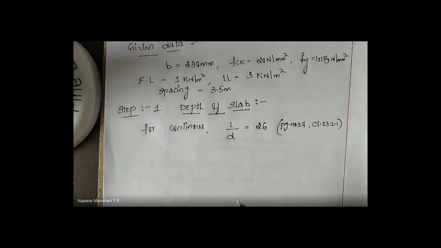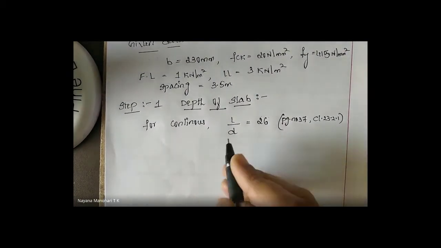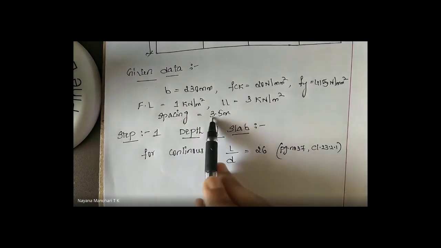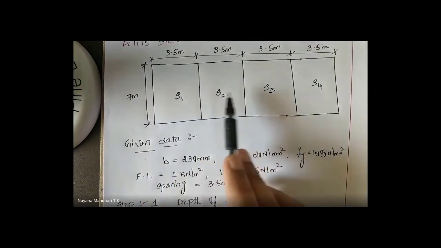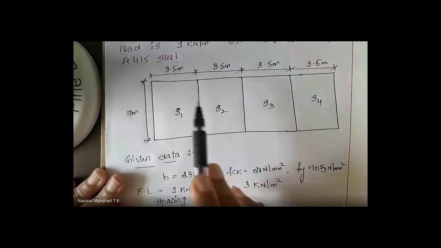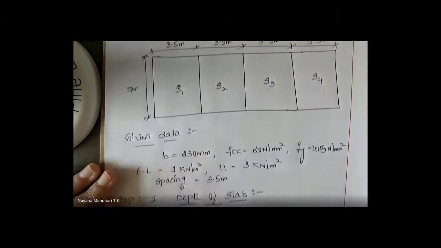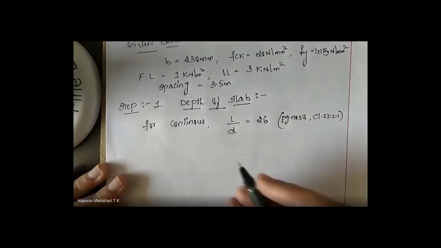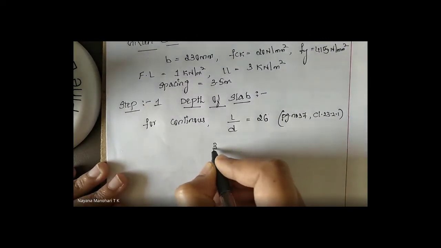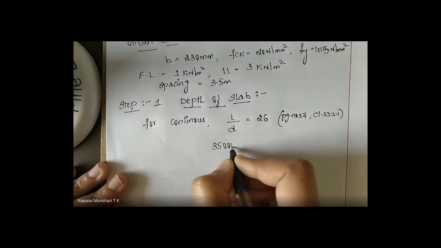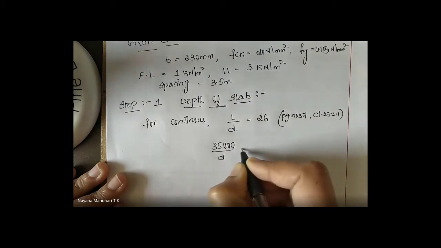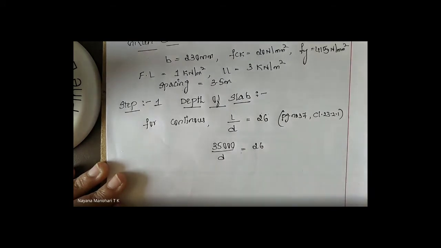Take down L, which will be the spacing 3.5 meter, because all the slabs are supported by a beam at an equal interval of 3.5 meter. Then length will be your 3.5. Substitute in mm, L by D equals 26.